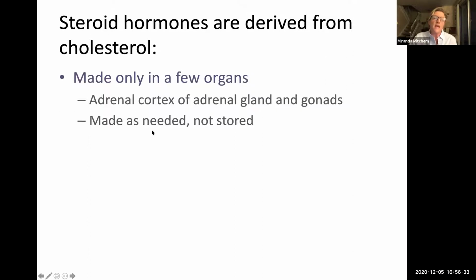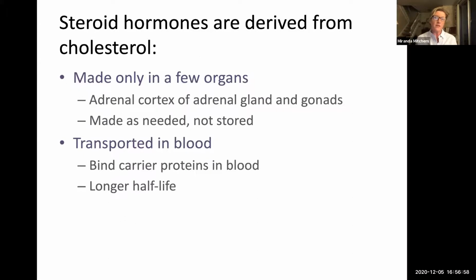Now, these hormones are made as needed. They are not stored. That is a big difference between the protein peptide hormones versus steroid hormones. Protein peptide hormones are stored and can activate those systems quickly, where our steroids are made on demand.